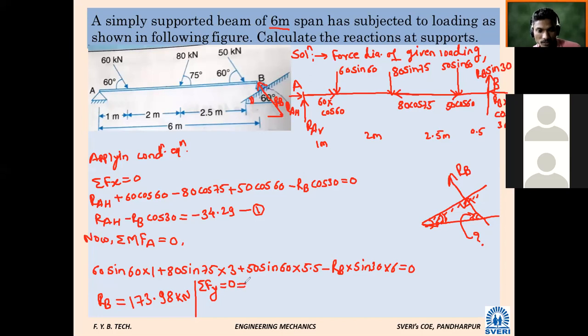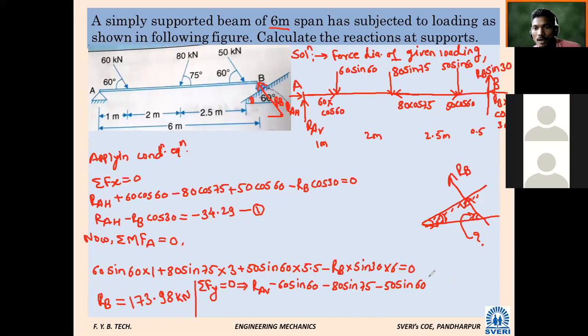Here space is less, I will not write here. RAV will be positive. Then 60 sin 60, how will that force be? Negative. Negative 80 sin 75. Then 50 sin 60, negative.